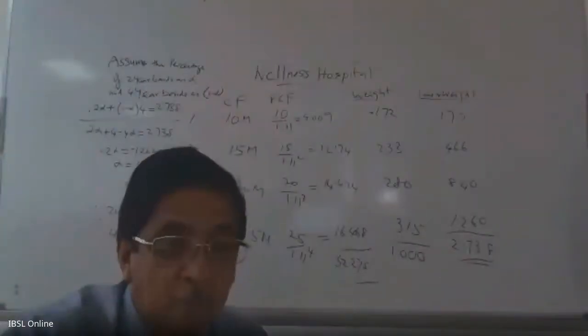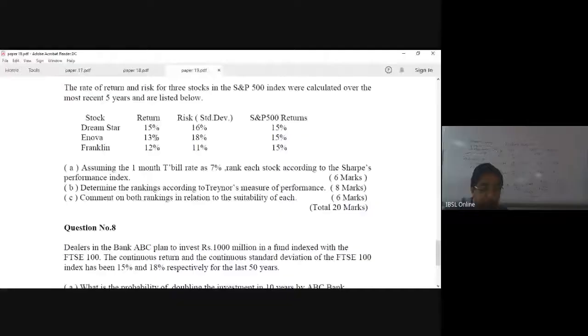Yeah. Innova, 13 equals to 7 plus 15 minus 7 is 8, 8 beta. So 13 equal to 7 plus 8 beta. 13 minus 7 is 6.